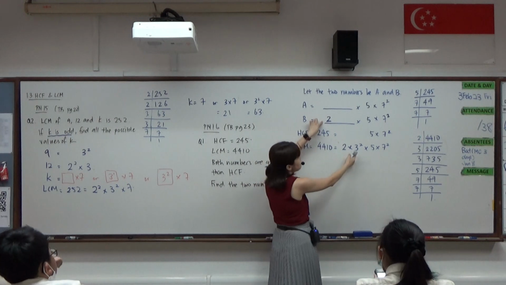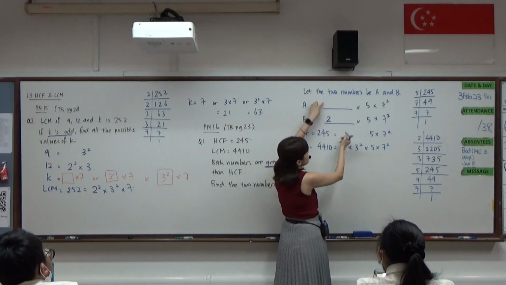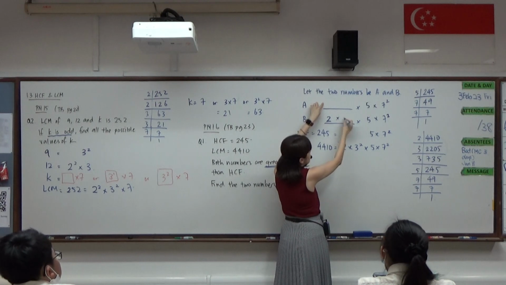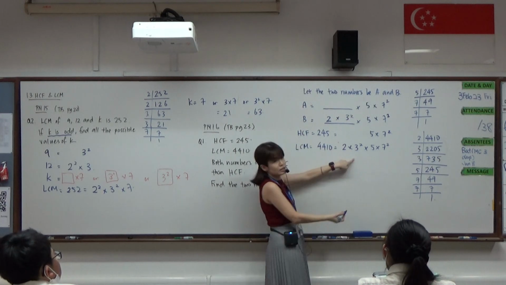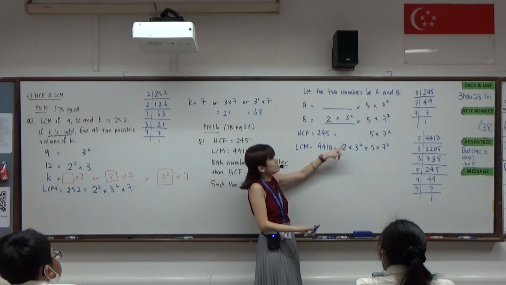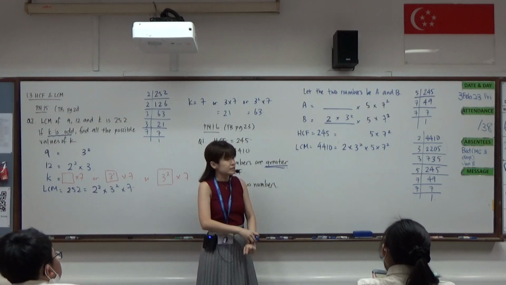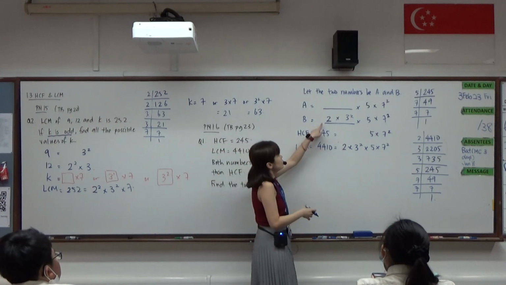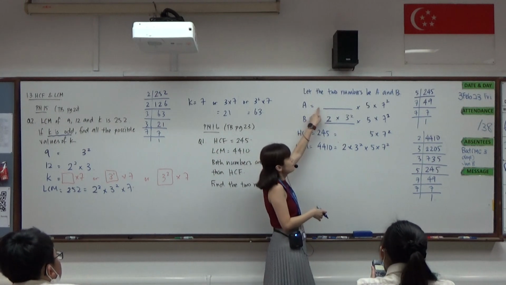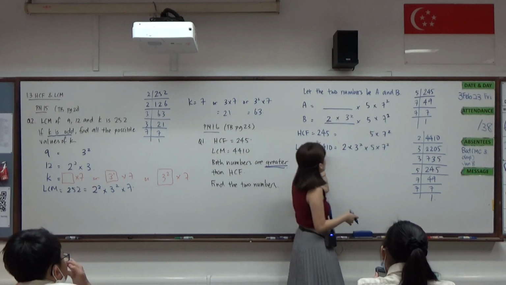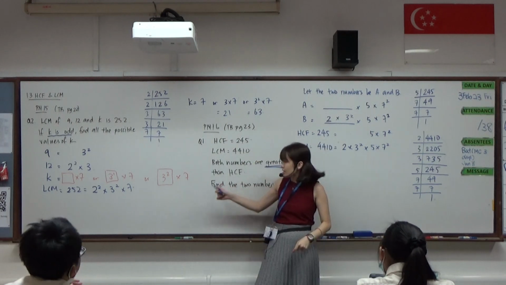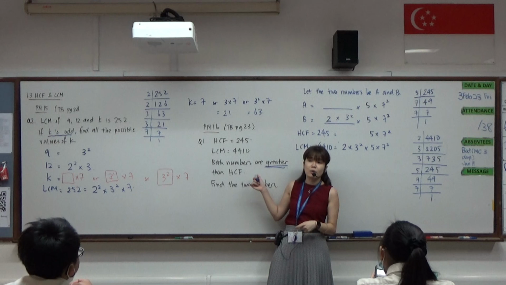Then for 3 square, if this one doesn't have a 3 square and this one has a 3 square, then the 3 square comes here. But is this the best way to place my 2 and 3 square? It isn't, right? Because then my number A itself will be 5 times 7 square only, and that is the HCF. So it doesn't fulfill this expectation from the question.